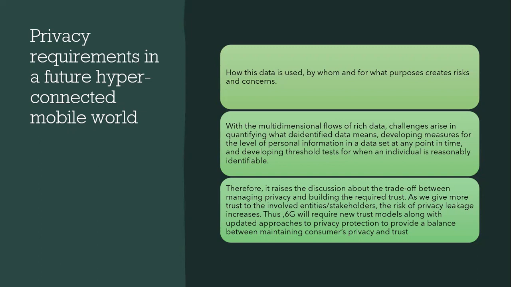So the risk of privacy leakage increases as we give more trust to the involved entities and stakeholders. 6G will require new trust models along with updated approaches to privacy protection to provide a balance between maintaining consumers' privacy and trust. This is going to take much consideration when employing 6G.